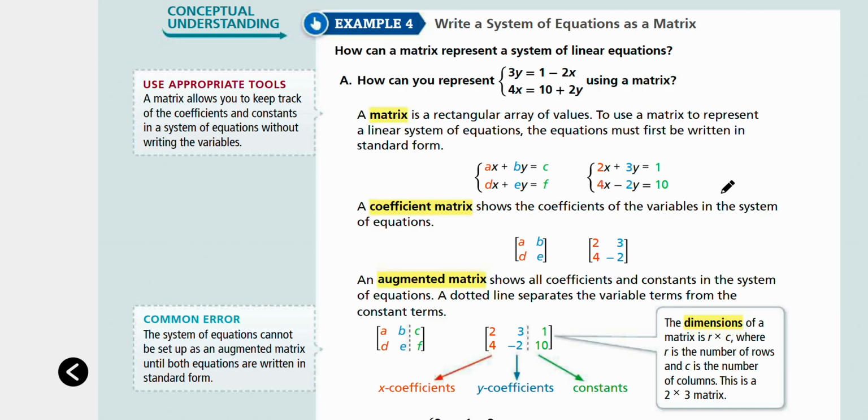We want to review the vocabulary that we're going to look at so that we can better understand as we go. A matrix is a rectangular array of values. You probably have heard of a matrix before, but if you see these rectangular brackets with numbers like 0 and 1 in there, those are called matrices.